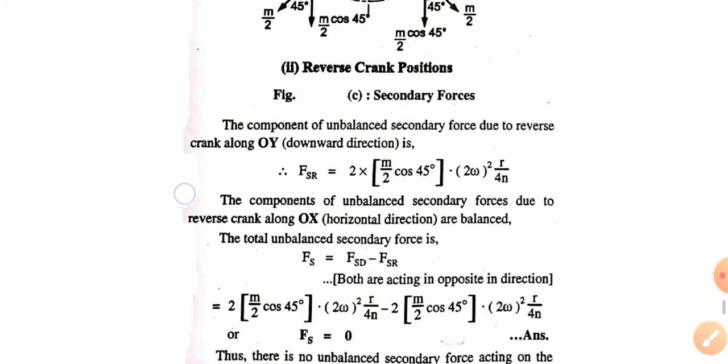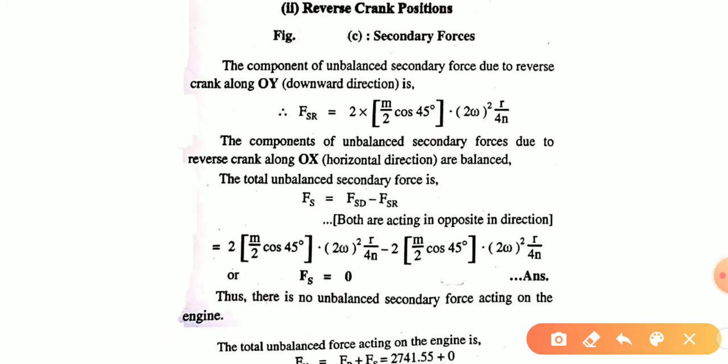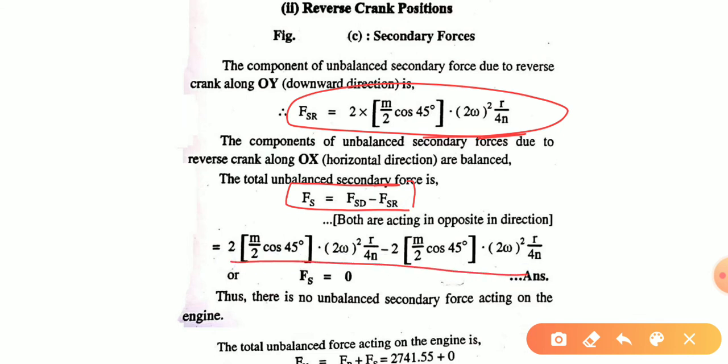In the same way for the reverse crank, we can find the secondary reverse crank force, and the total unbalanced force will be equal to the force due to the direct crank minus the force due to the reverse crank. So that will be equal to 0.